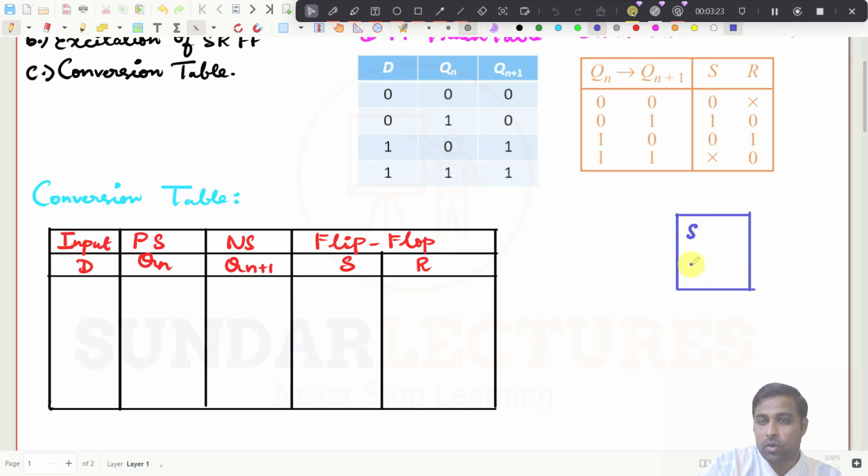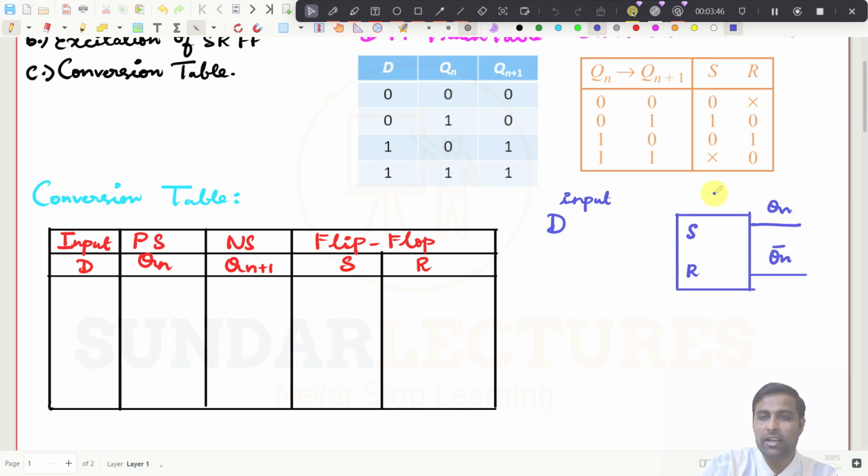We have an SR flip-flop with us. This is now Q, and this is Qn bar, right? Now we have only the D input here, and we need to give this D input to get Qn and Qn bar.